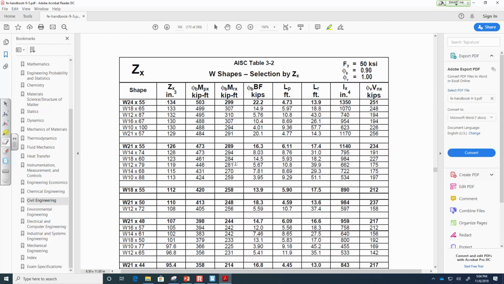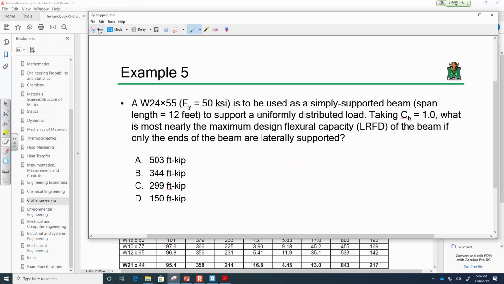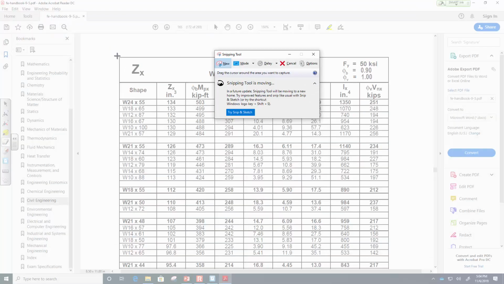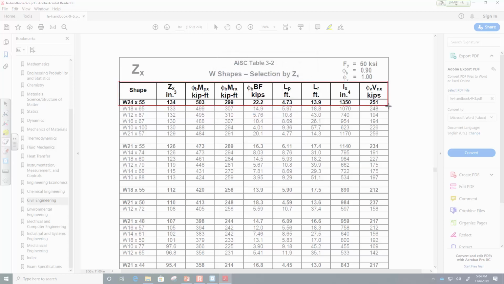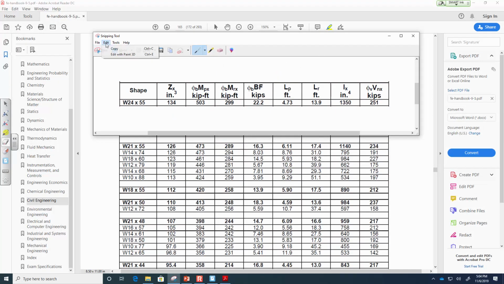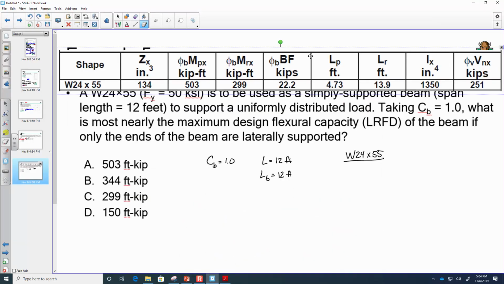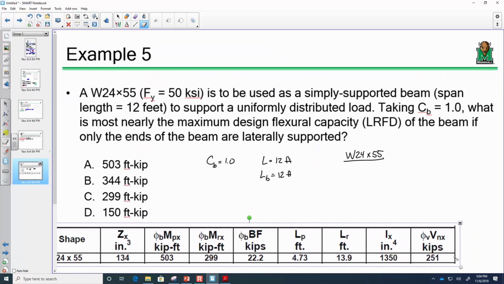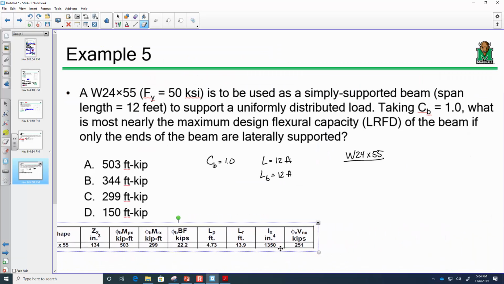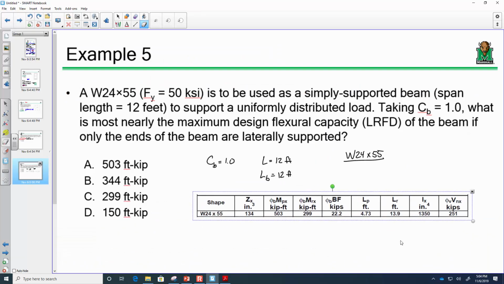In fact, I'm feeling a little lazy, so I'm going to screen capture this. Let's see if y'all are paying attention.